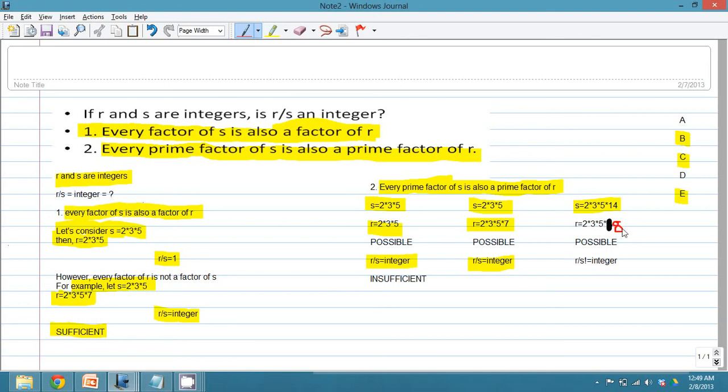So r has a factor 8, s has a factor 14. Is 14 a prime factor? No. It consists of prime factors, but it's not a prime factor in itself. 8 is not a prime factor either. It need not even have 8.